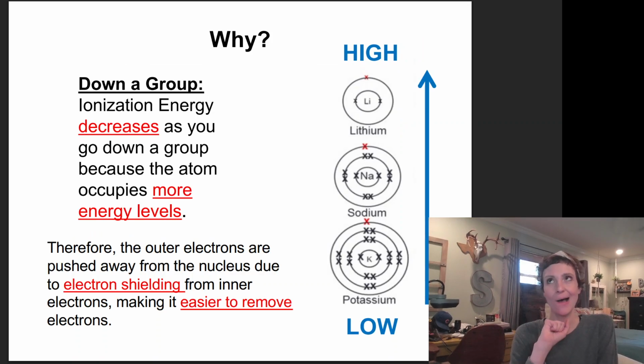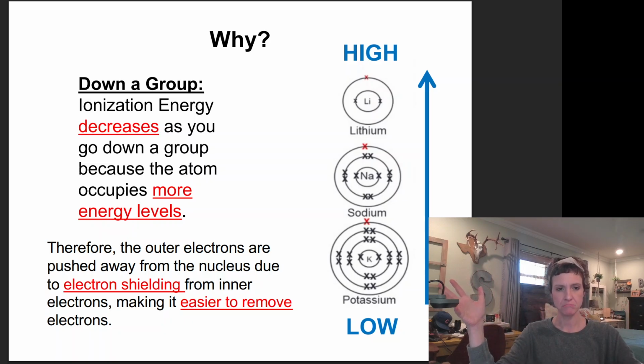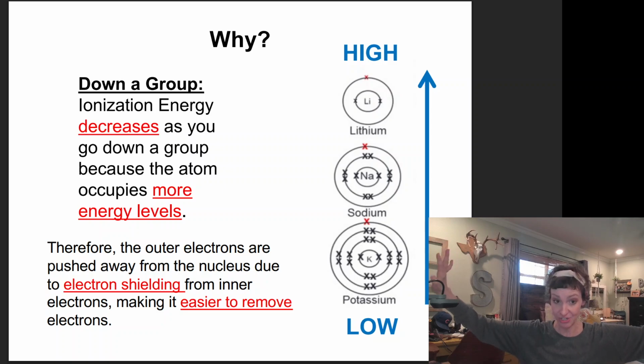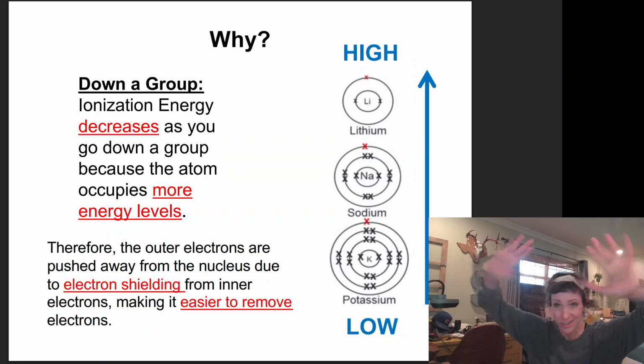Okay, well, let's talk about what is causing these trends. Let's focus on why ionization energy shows this trend within a group. Down a group, ionization energy decreases because the atom occupies more energy levels. Therefore, those outer electrons are pushed away from the nucleus by electron shielding. You guys, they're far from the nucleus. It's going to be easy to remove them because that nucleus is so far away.